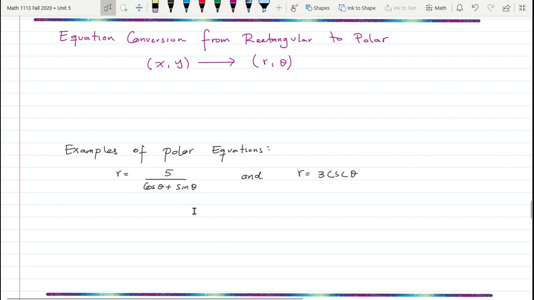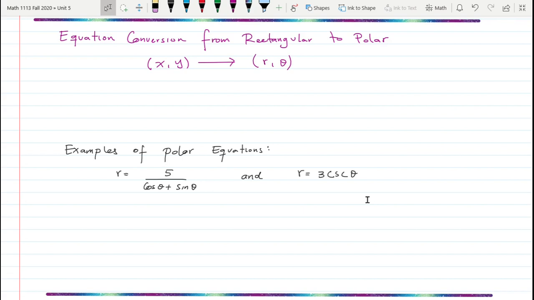So everything that has theta is going to be on one side, and we want to isolate the r by itself. So this equation, r equals 5 divided by cosine theta plus sine theta, is a polar equation. Same with this other example where r is equal to 3 times cosecant of theta. Those are two examples of what a polar equation looks like.